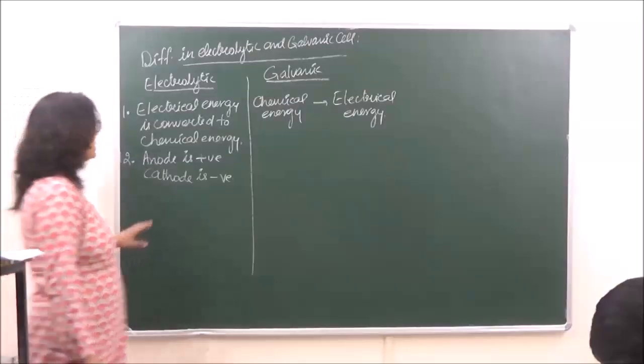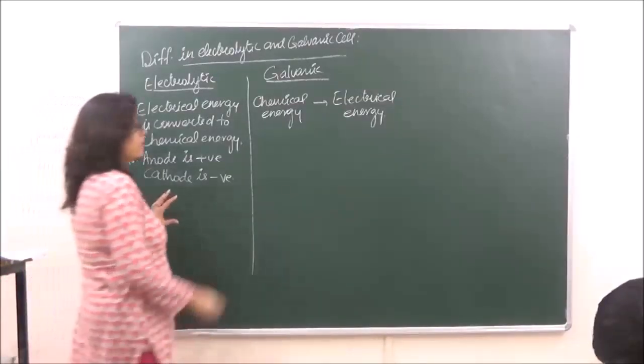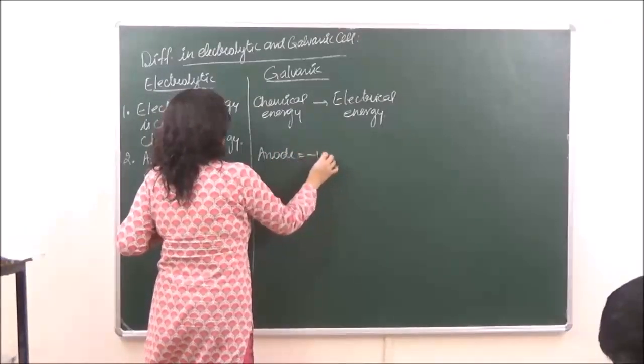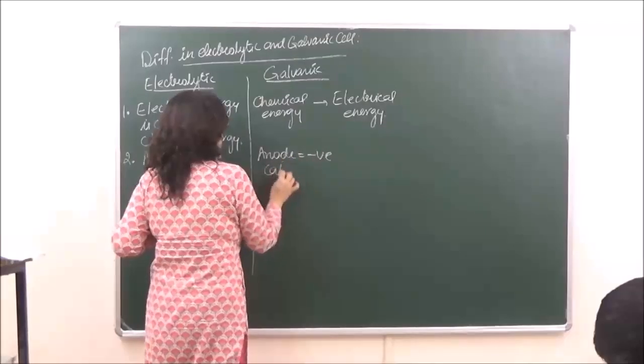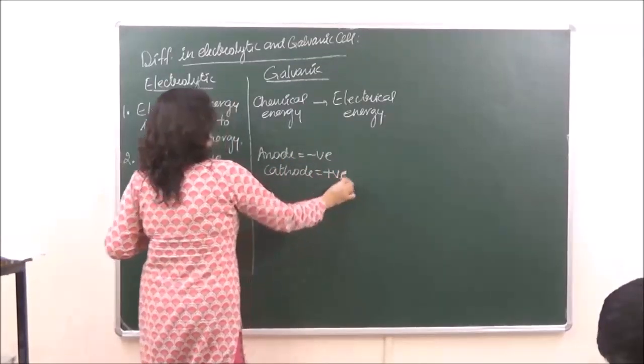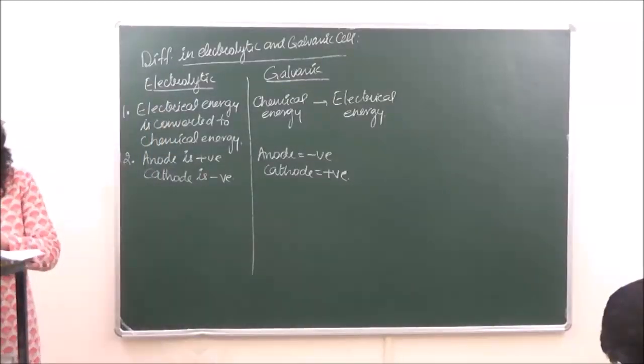Whereas in the galvanic cell, what is happening? The anode is going to be negatively charged and the cathode is positively charged, right? This is the second difference.